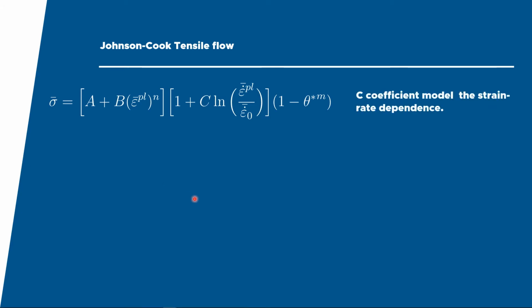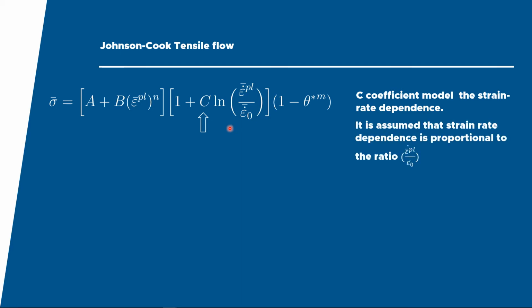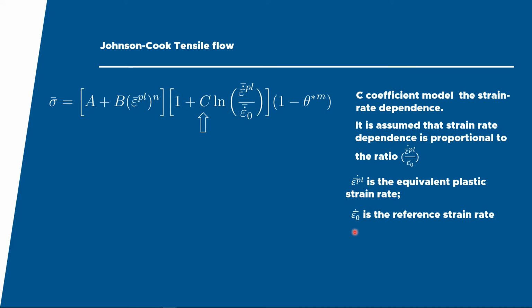We also have the influence of the strain rate that is controlled by the C coefficient. The strain rate dependence is assumed to follow this ratio right here. This ratio is the equivalent plastic strain rate divided by the reference strain rate, or sigma dot PL and sigma dot 0.